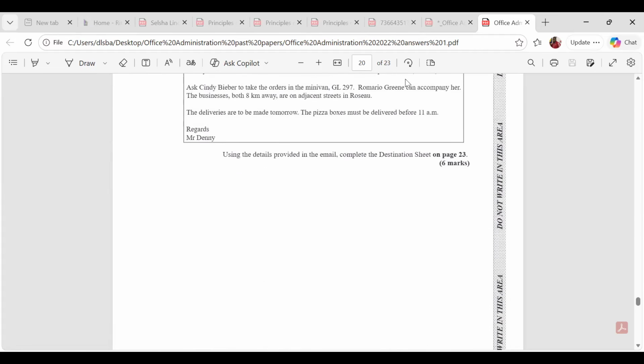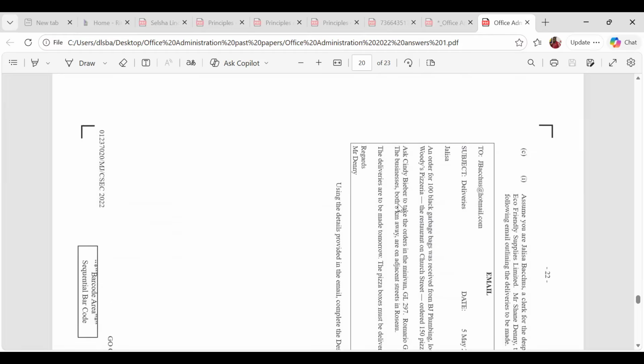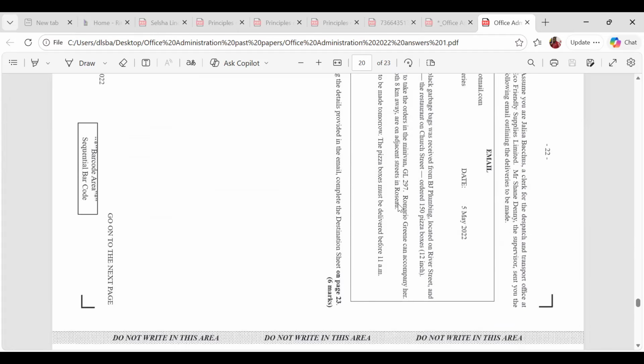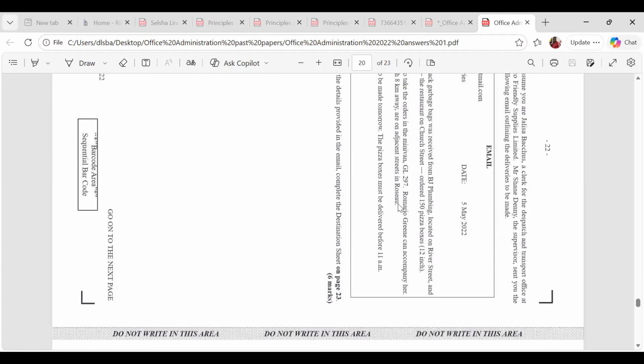So take a look at the destination sheet to get an idea, right? You'll have the class of the vehicle, registration number, driver's name, destination, the mate's name, the distance. All of that is here in this first page.